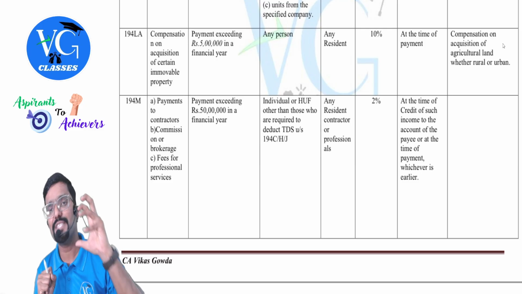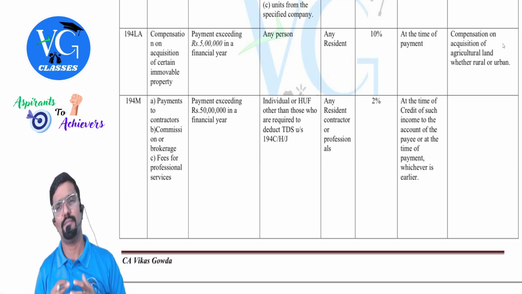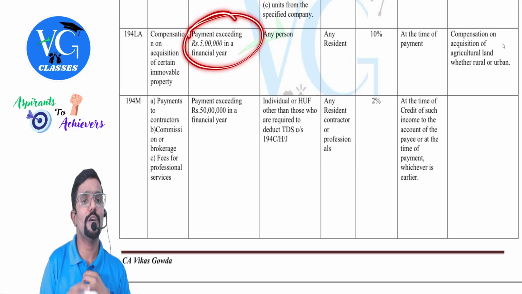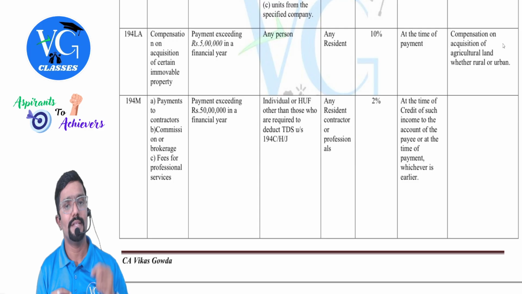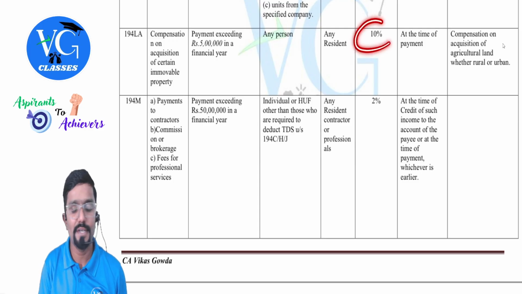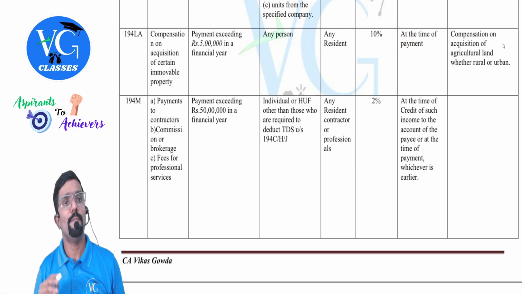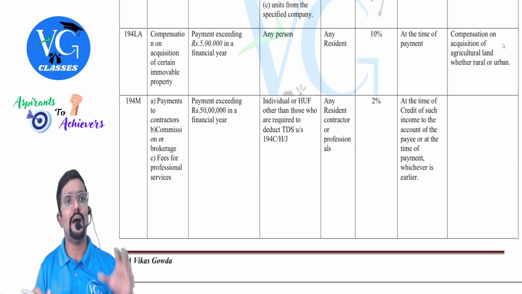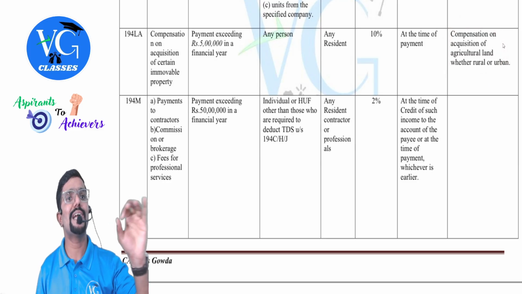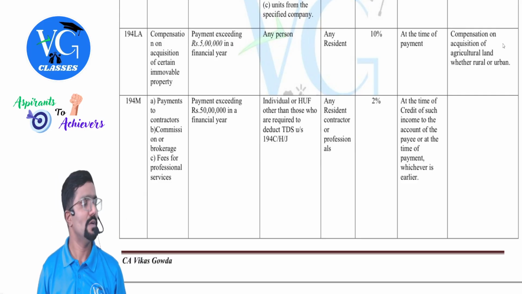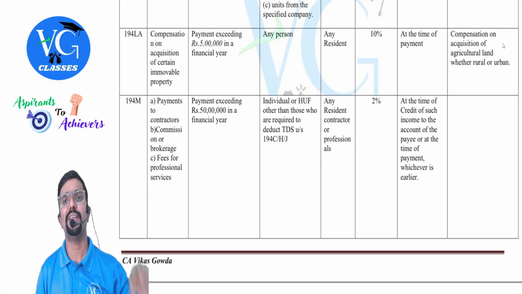So if there is a compulsory acquisition of land or building by the government authority, they will pay me the compensation. If the compensation is more than 5 lakh, they have to deduct TDS at what rate? 10%. When? At the time of payment. But no TDS if the property acquired is agriculture land, whether in rural area or in urban area.